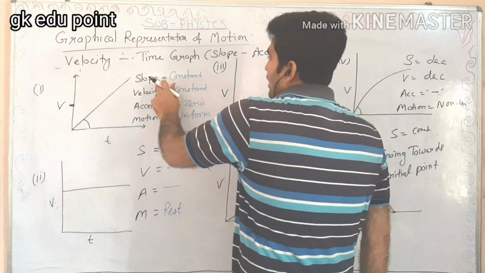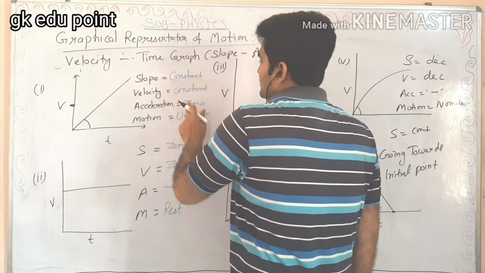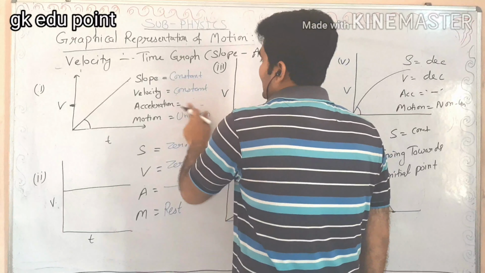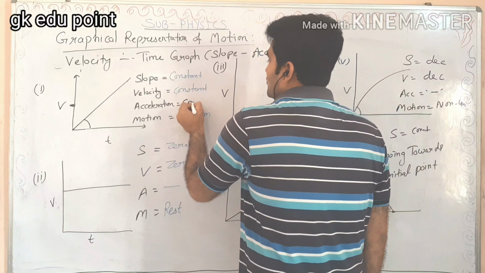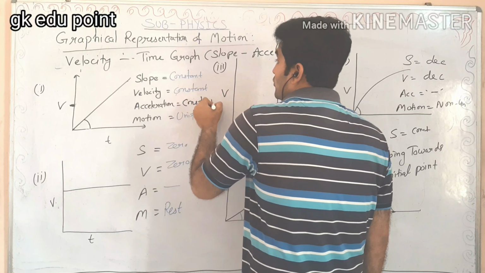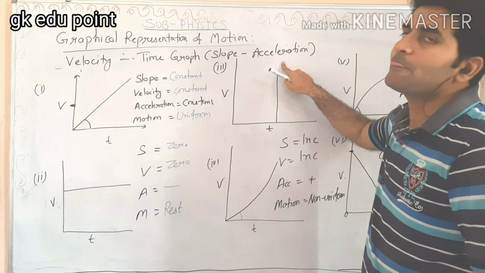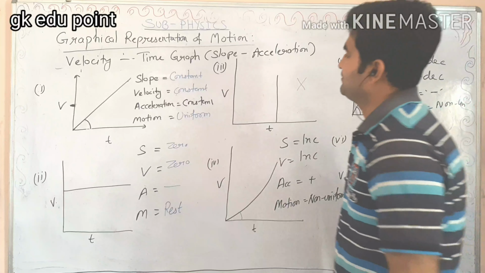Here the slope is constant in the first graph. So according to the nature of the slope, we can decide the nature of acceleration. Acceleration is not 0 here; it will be constant, because in a velocity-time graph slope gives the nature of acceleration.